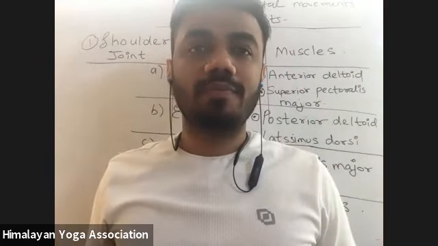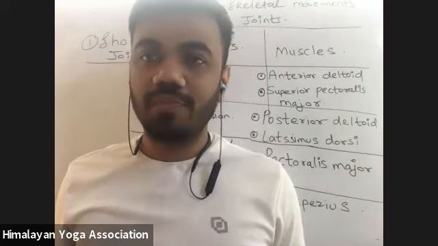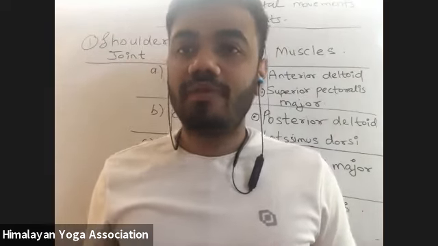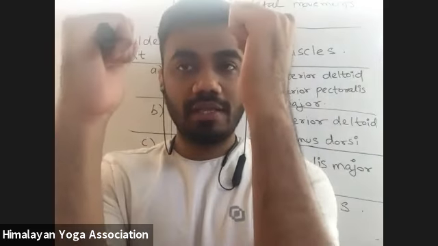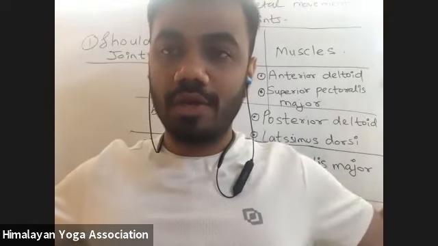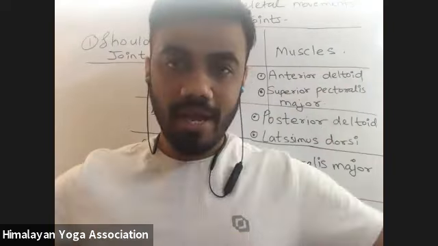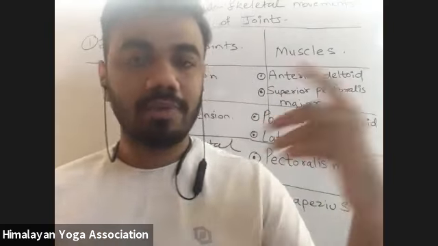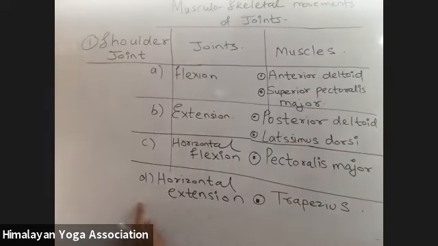Whenever people work out in the gym to develop their traps, what exercise do they do? They have equipment in the gym to extend their shoulders like this, to engage their back muscles or to build up their back muscles. So now you will get it.